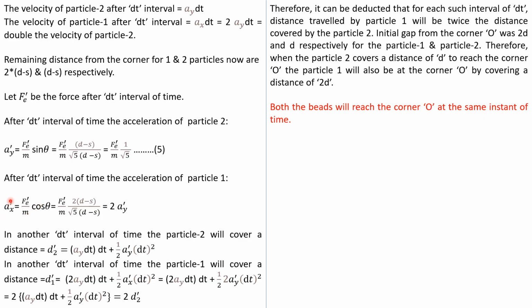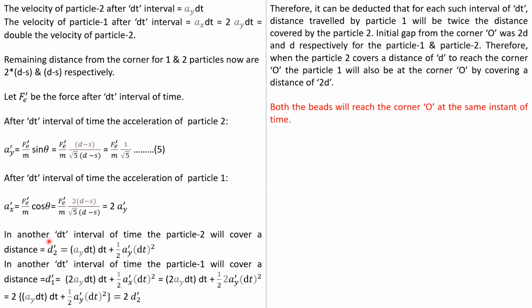Similarly, for particle 1, the component of force in the x direction, Fe prime cos theta divided by m, and we'll get 2 into a subscript y prime. Means acceleration is still double the acceleration of particle 2.